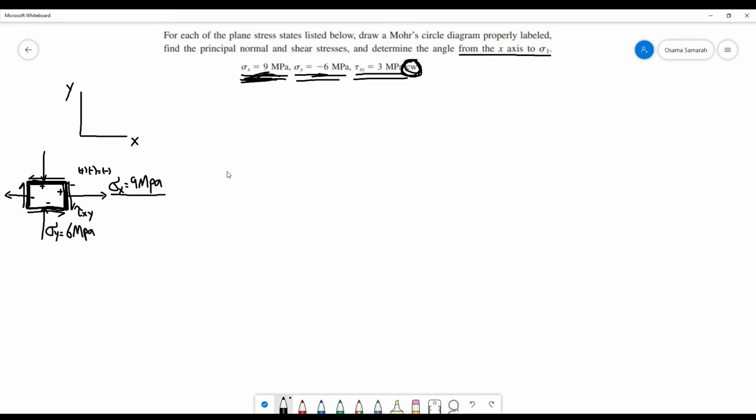So after drawing the stress element, we can proceed to find the principal stresses, which can be found using this formula.